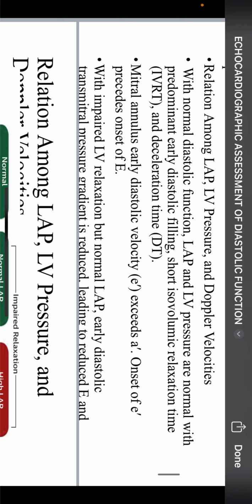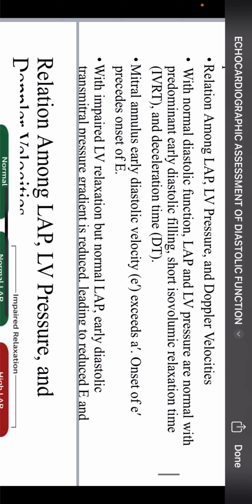The capitals are positive, the flow is positive, and the lowercase letters are negative. Why? This is because of transducer positioning. Most of the time it is measured in apical four chamber, where the transducer is put on the apex.